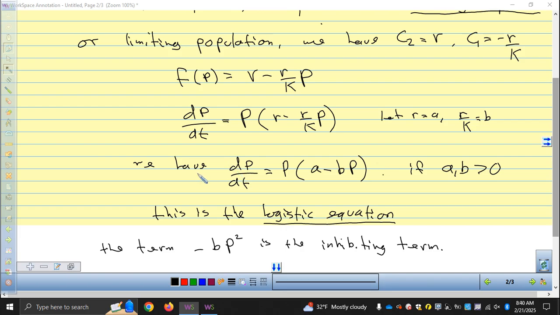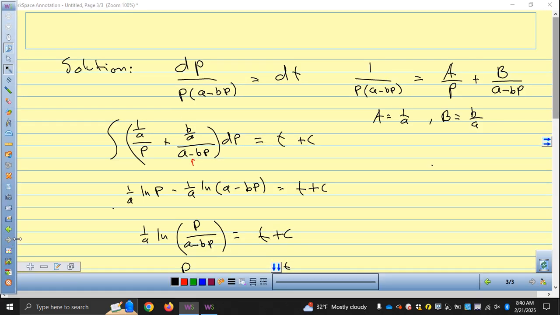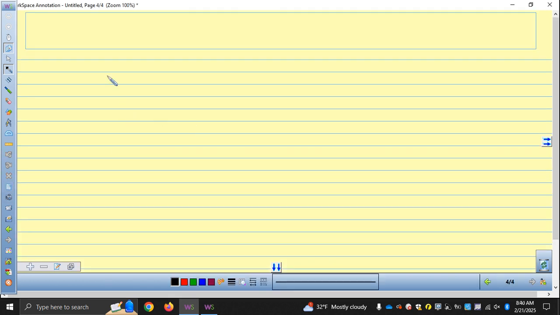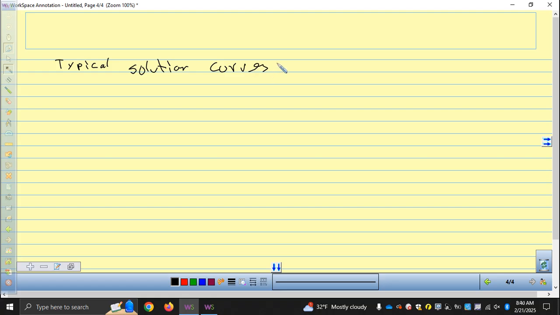And we can look at our typical solution curve in those regions to see what the solution curve looks like. So our typical solution curves: this horizontal line is A over B. That's where we get 1.